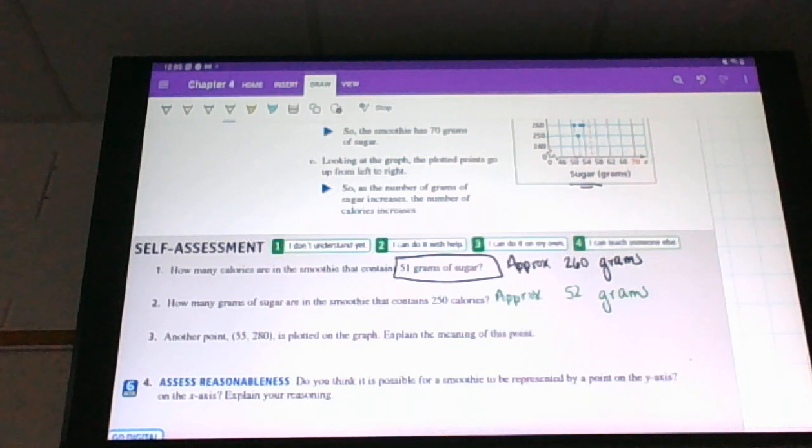Who wants to do the sentence? Ashley, you want to do it? Yeah, actually put the numbers 55 and 280 in it.